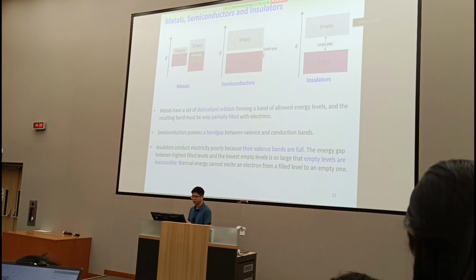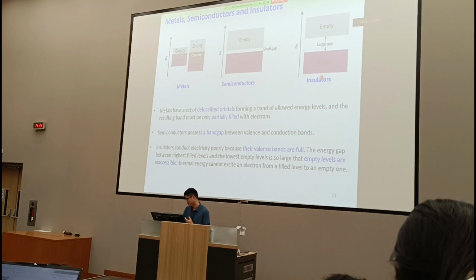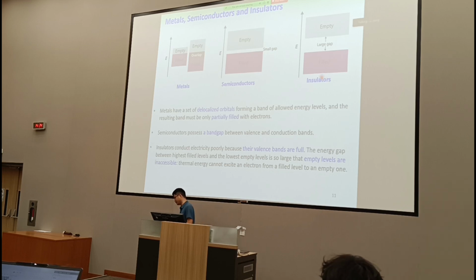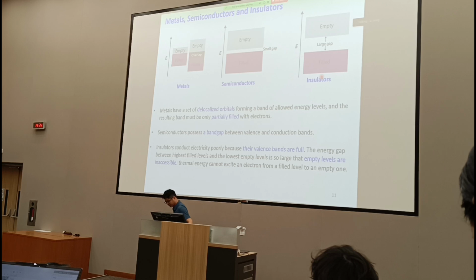So the question is why insulating materials with a large band gap remain insulating. What's the definition of insulating? For example, this wood, this table, doesn't conduct electricity very well, right?